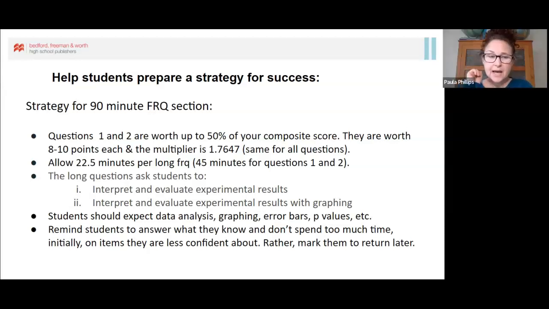And I have something to add when we're talking about students should expect data analysis, graphing, error bars, etc. One thing that students sometimes do that does not earn a point is what I would call, in grading, hedging their bets.